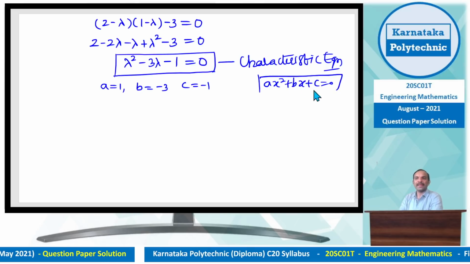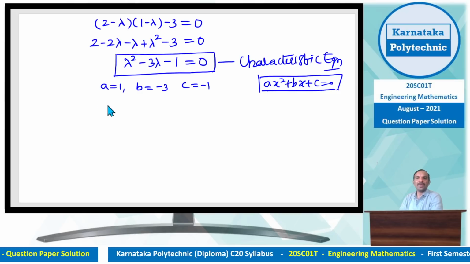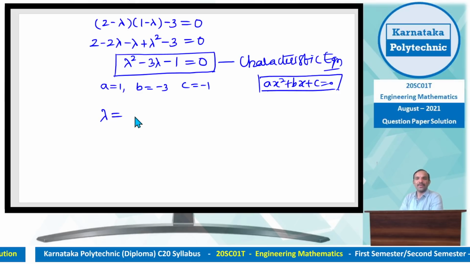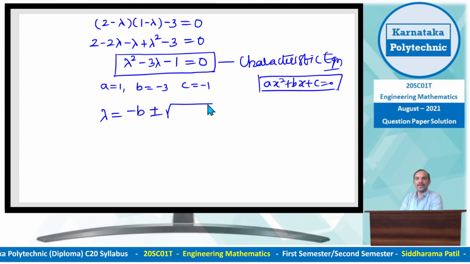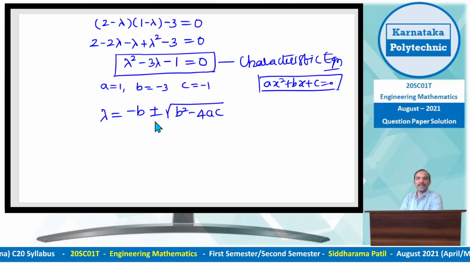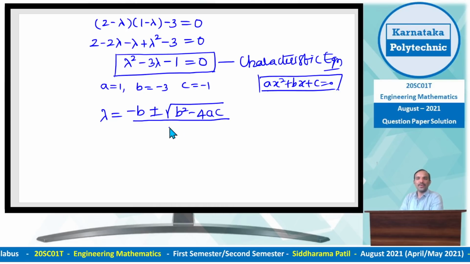In place of x here it is lambda. The formula is lambda equal to minus b plus or minus root of b square minus 4ac divided by 2a.